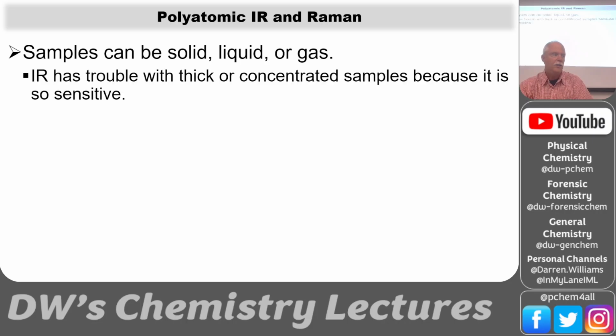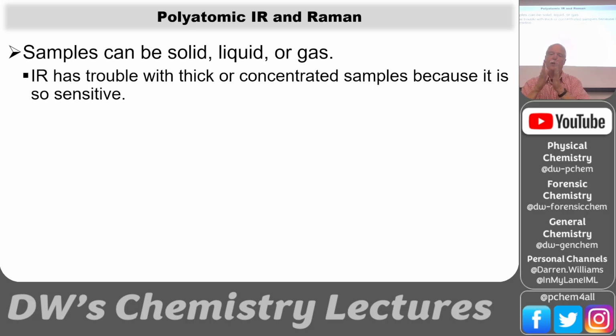So yeah, we can look at all these different kinds of samples, solid, liquid, gas. But IR is very sensitive, so the thickness of the sample can overwhelm the signal pretty easily. So if you look at liquid cells for infrared, their spacing is in the microns, like 2 or 3 microns path length, if you're doing pure liquids.